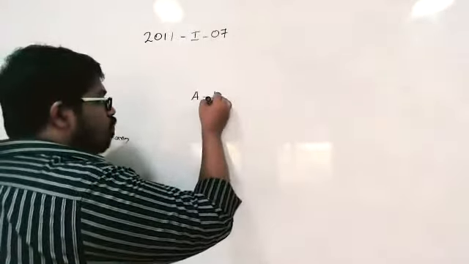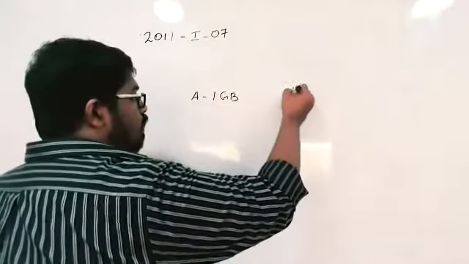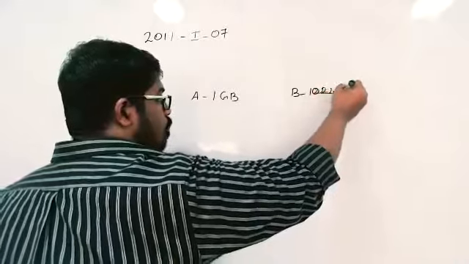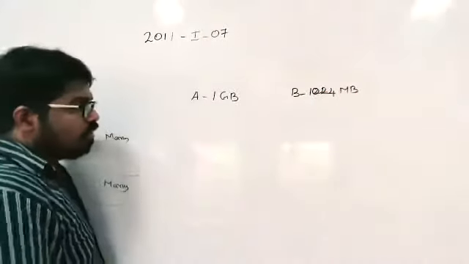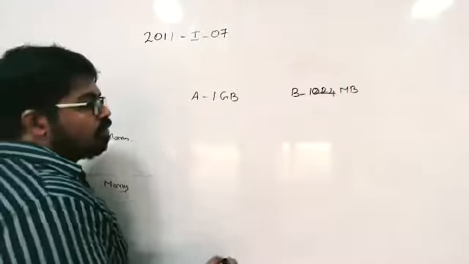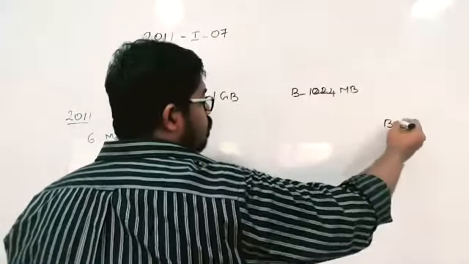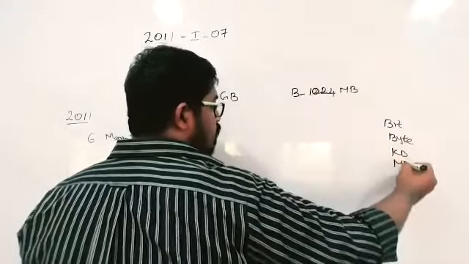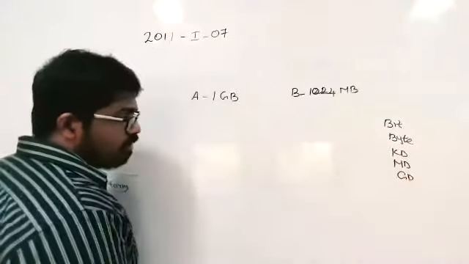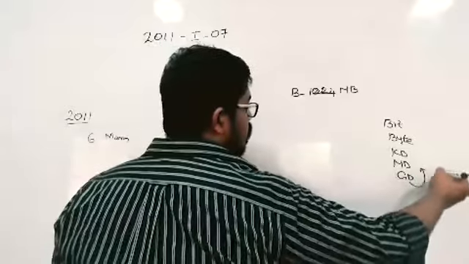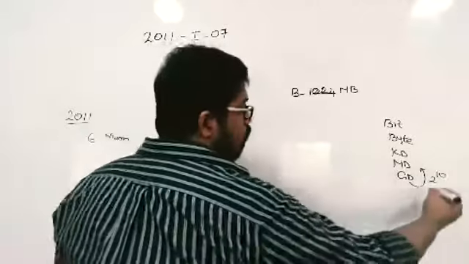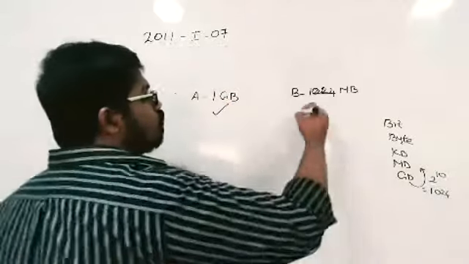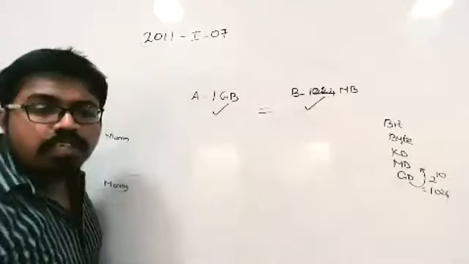So A is having 1 GB, B is having 1024 MB. When you are having the relationship between the units bit, byte, kilobyte, megabyte, gigabyte, from gigabyte to megabyte you have to multiply by 2 to the power 10, which is equal to 1024. So 1 GB and 1024 MB are equal.